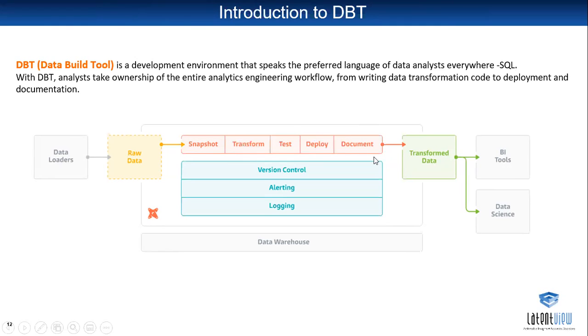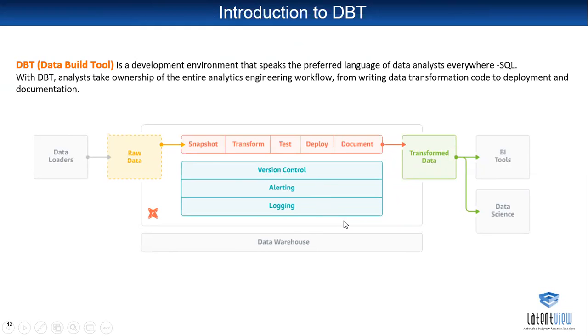With all these capabilities, DBT goes very well with Snowflake. That is why the session was focusing on the data workloads of Snowflake with DBT. Snowflake can handle transformation, scheduling, orchestration, anything, but when it goes with DBT, you have more features in simpler terms with SQL, wherein you can have version control, alerting, logging, and everything.